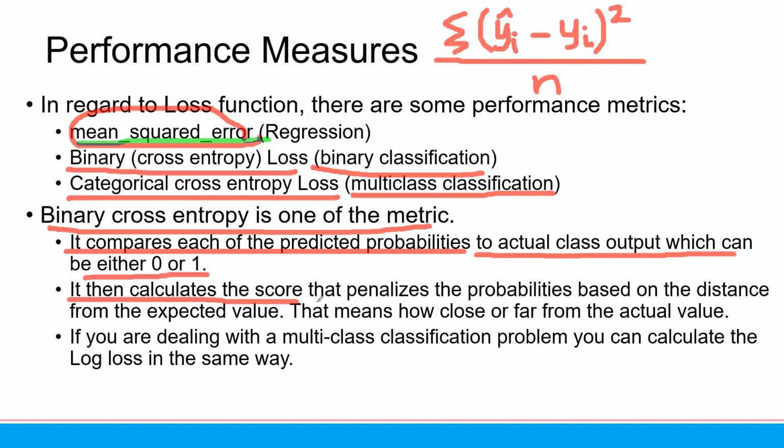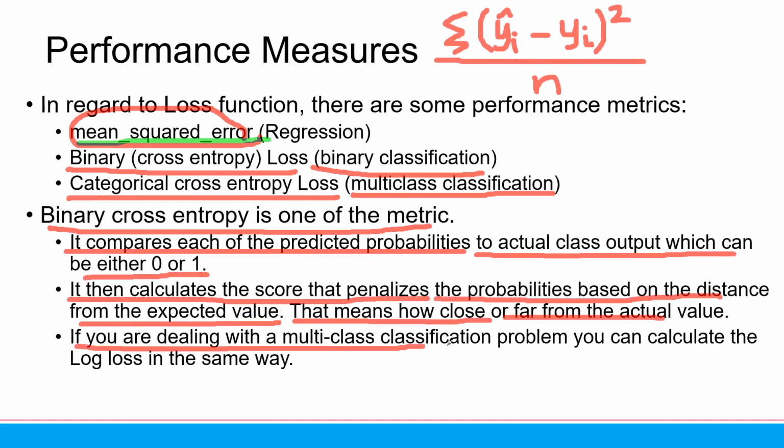It then calculates the score that penalizes the probabilities based on the distance from the expected value. That means that we can see how close or how far from the actual values.